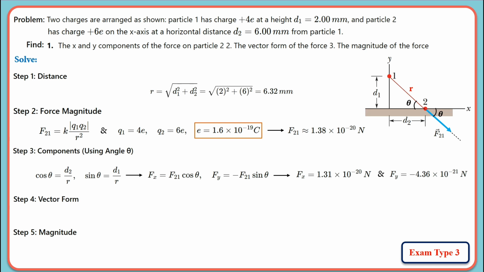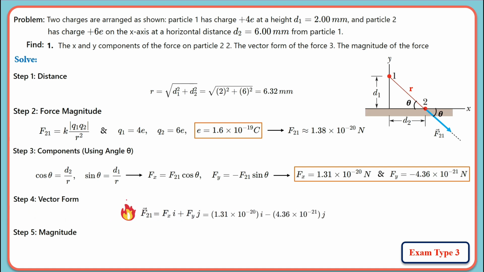Substituting the values, we get Fx equals 1.31 times 10 to the power of minus 20, and Fy equals minus 4.36 times 10 to the power of minus 21. Now, we write the force in vector form. Finally, we calculate the magnitude using the square root of Fx squared plus Fy squared.